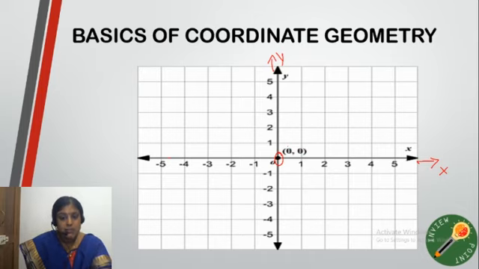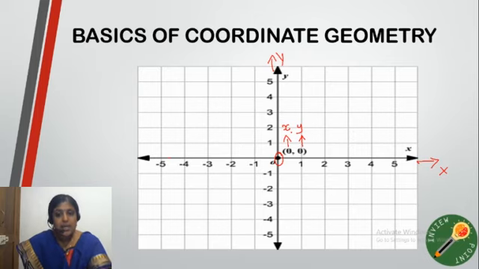And what are these numbers? The first 0 represents the x coordinate and the second 0 represents the y coordinate. So any point in an xy plane is represented by x coordinate comma y coordinate.